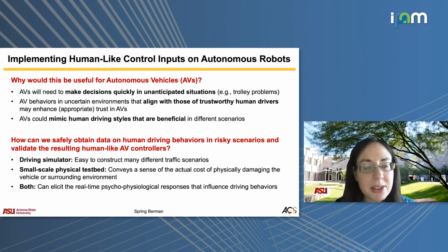So in addition, both of these platforms, we think, can elicit the real-time psychological and neurophysiological responses that actually influence driving behaviors. And so this provides an advantage over another tool that's been widely used, which are surveys, such as the Moral Machine work that was done.